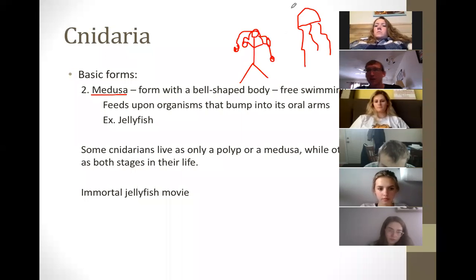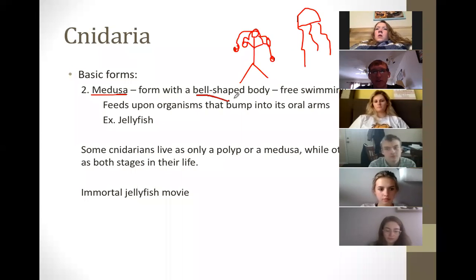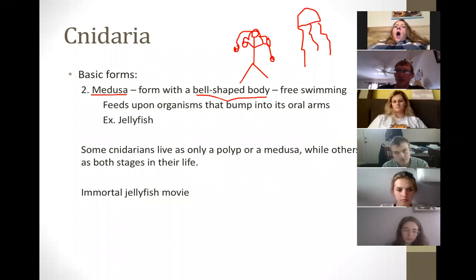And so that's the adult form, right? This dangerous stuff's kind of hanging down. And so you got this free swimming bell-shaped body. Swimming's kind of being generous. They sort of just blob up and down, like you've seen SpongeBob go jellyfishing with his net. There's not a whole lot of thought going on in a jellyfish swimming, I think. But basically something's got to hit the arms, right?